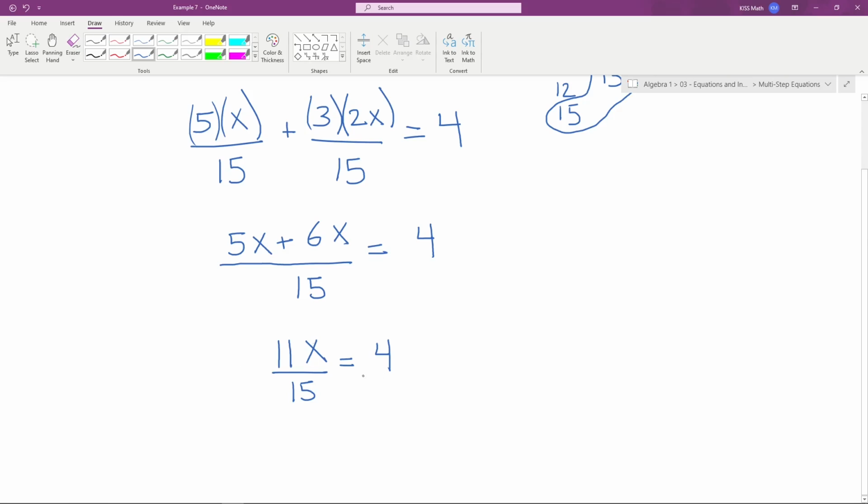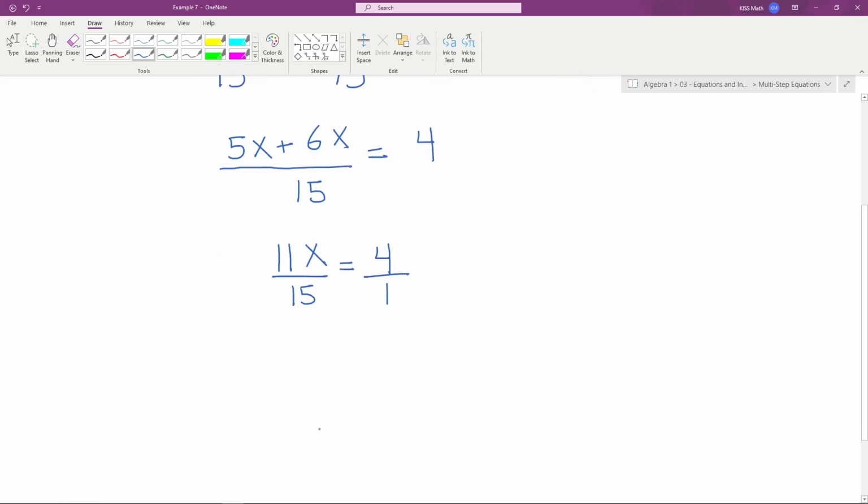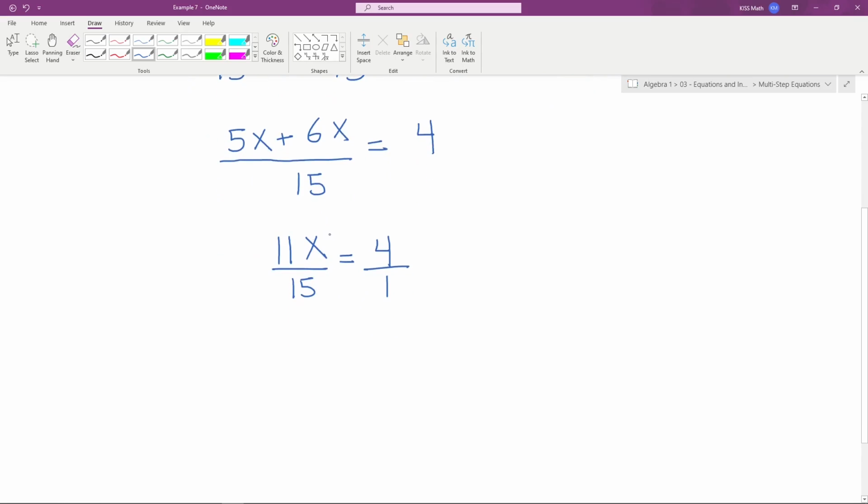But I can also do this cross multiplication trick that I just showed you, right? So let's call this 4 over 1. And let's cross multiply. So I'm going to take this diagonal here, right? So 11x times 1 is just 11x. And then we set that equal to this diagonal here.